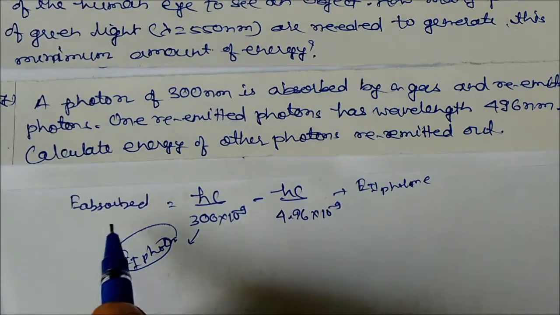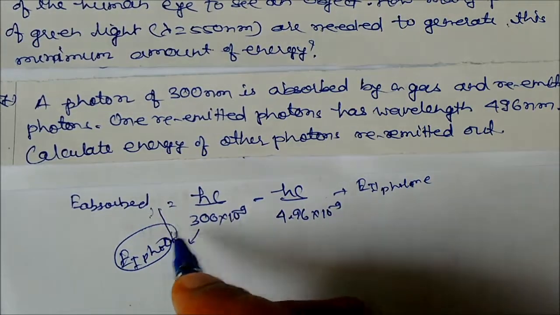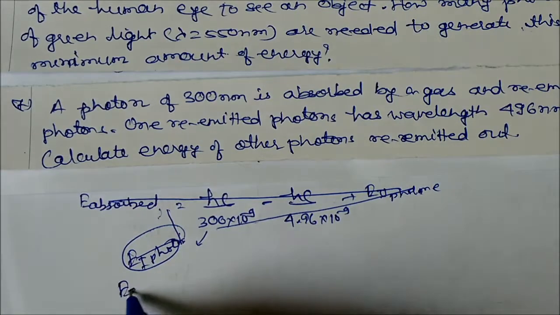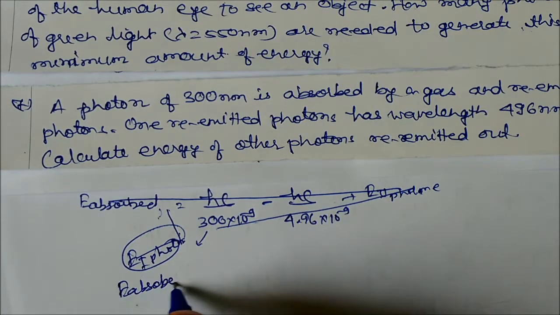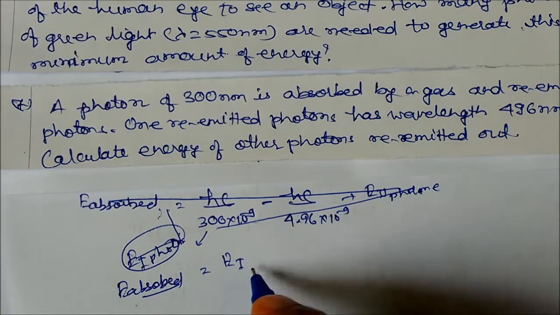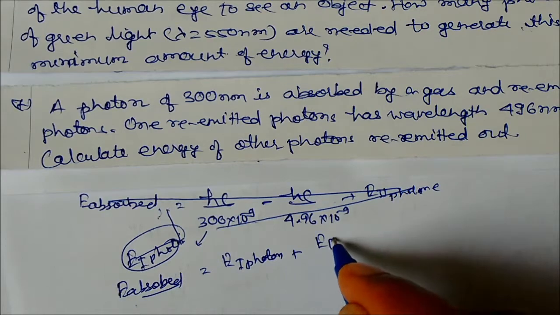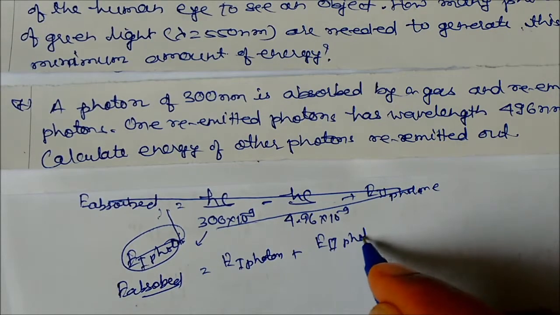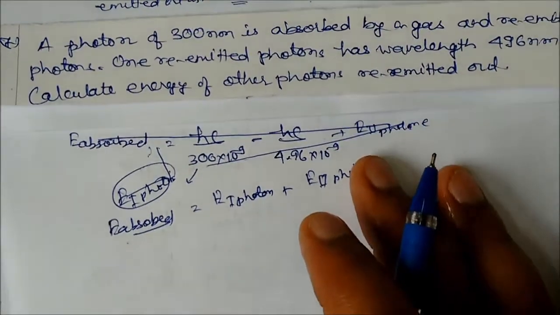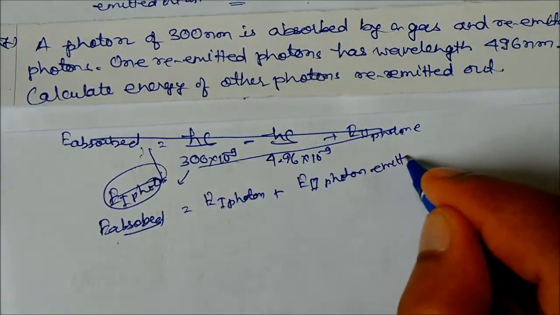Energy absorbed is equal to the energy of the first photon plus the energy of the second photon emitted.